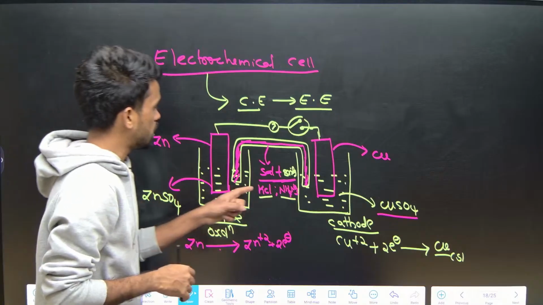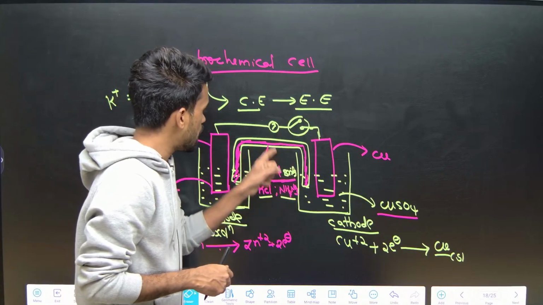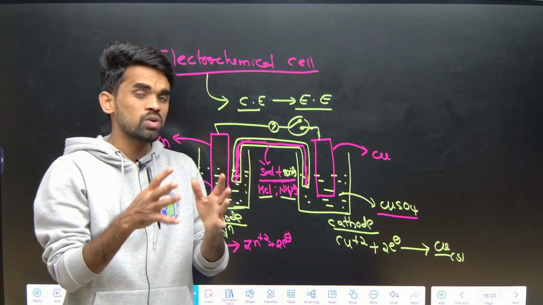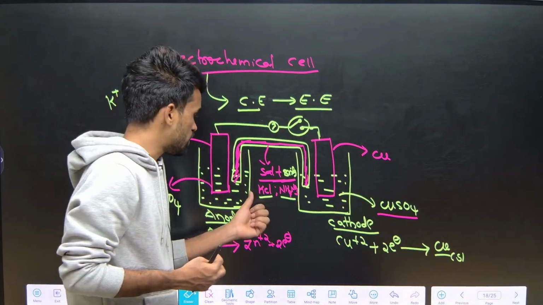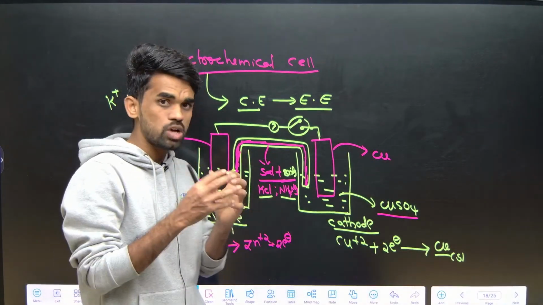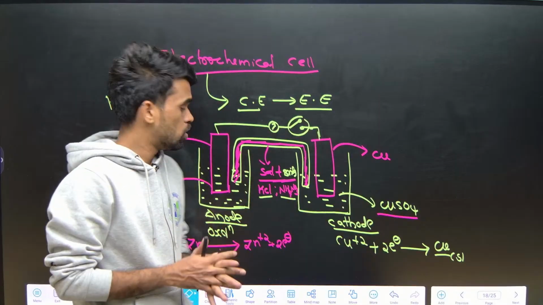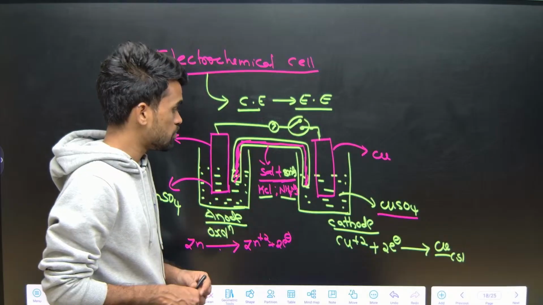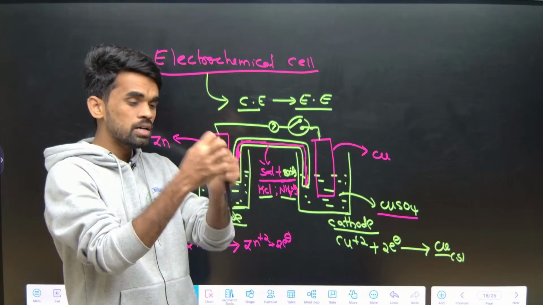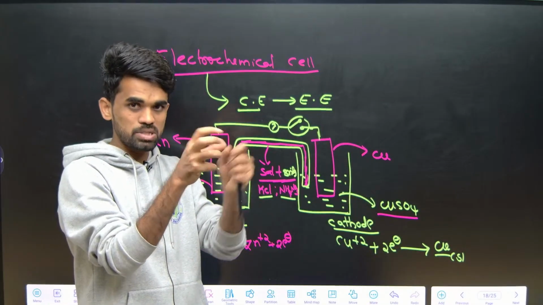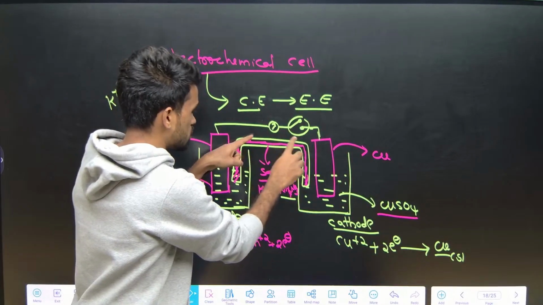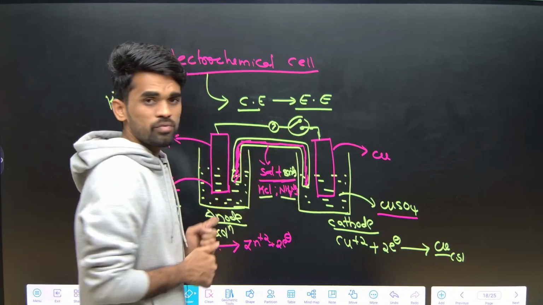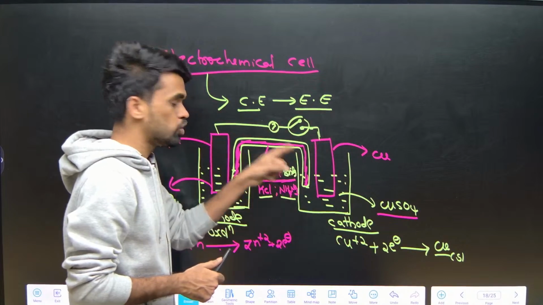That's why when the cation is moving this side, the anion also moves this side with equal mobility. So the transport numbers of cation and anion should be equal. Those kinds of electrolytes only we should consider in this salt bridge. Now these electrolytes are mixed with agar-agar, a jelly substance, so that the pasty mass will be filled in this U-shaped tube, that is the salt bridge.